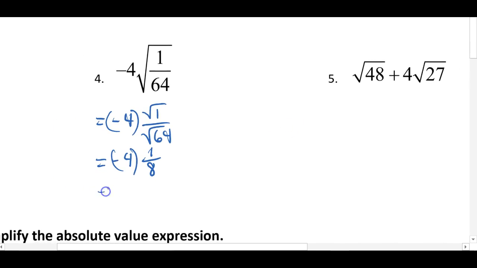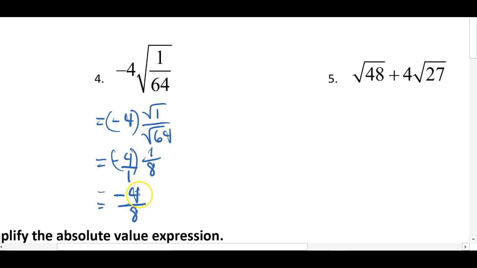Now, how do you multiply -4 times 1/8? That's a good question. You are going to turn this 4 into a fraction by putting it over 1, and then you multiply across. -4 times 1, -4. And then 1 times 8, 8. And then reduce it. What number can you divide into both the top and bottom number?